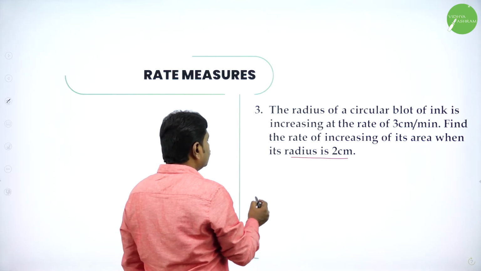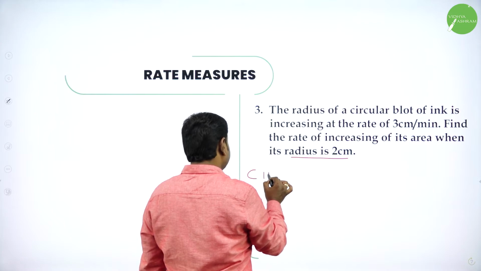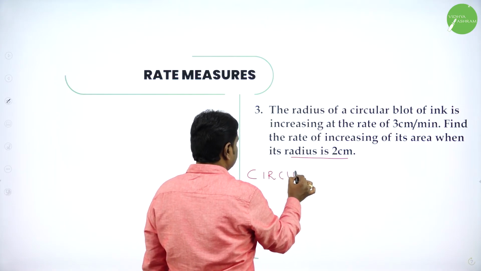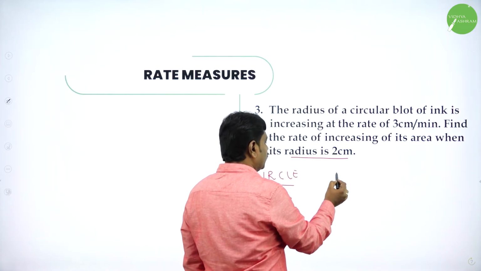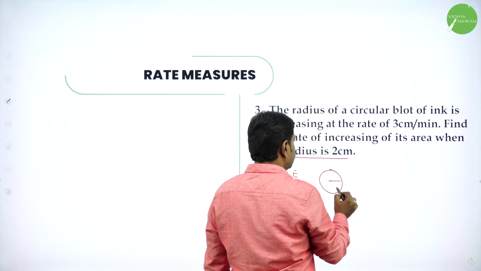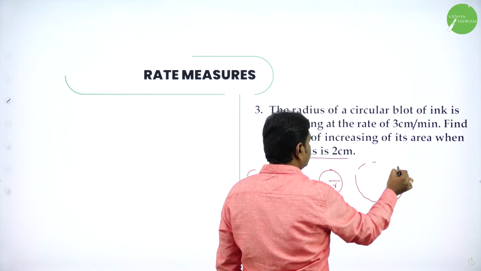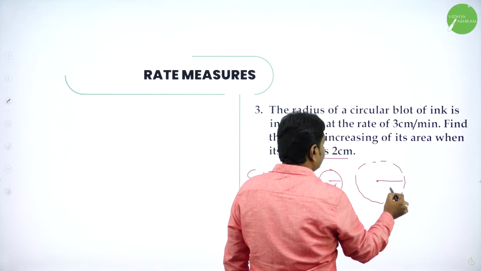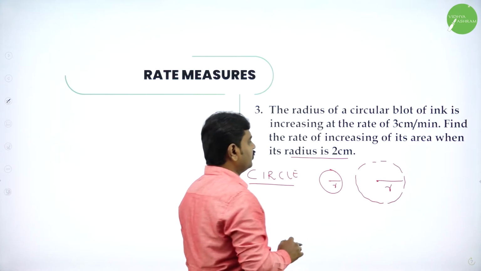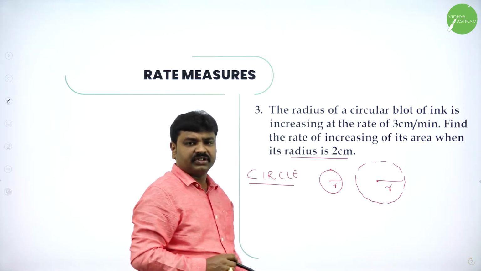As usual, they are talking about a circle. So the blotting is like this. This was the initial radius. Now it becomes bigger because the radius is increasing. When the radius increases, the area also increases. So they are asking you to find the rate of change of area.